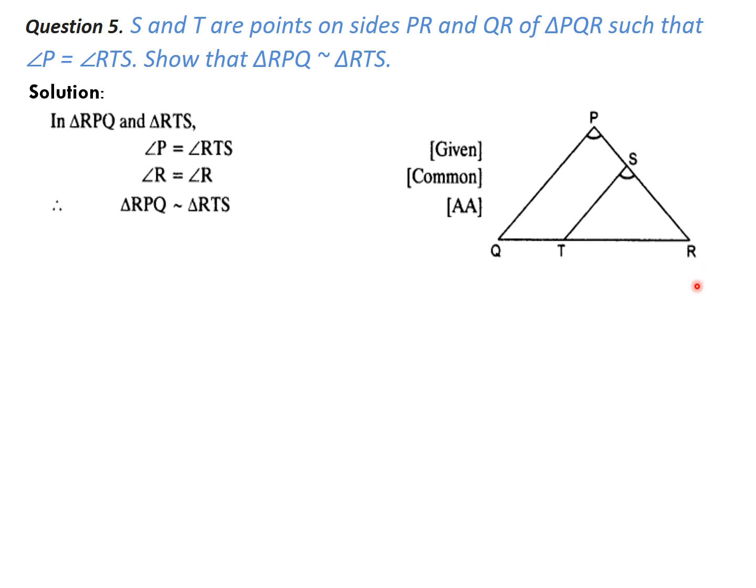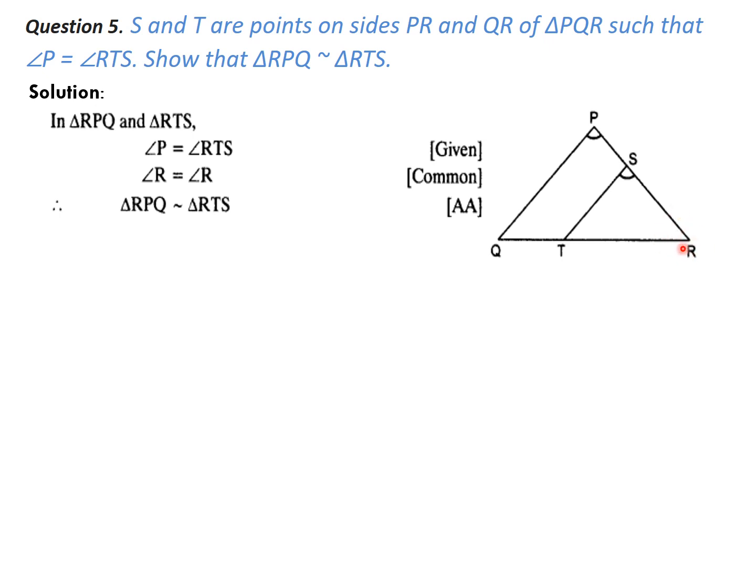The question is to prove that RPQ, this bigger triangle, is similar to RTS. Now it is given that angle P is equal to angle RTS. So we can already see that these two angles are equal, which is given, and for both the triangles angle R is common.